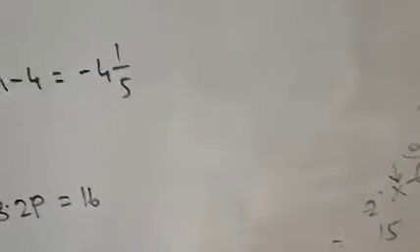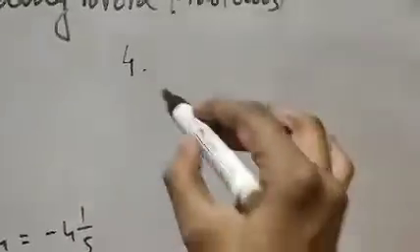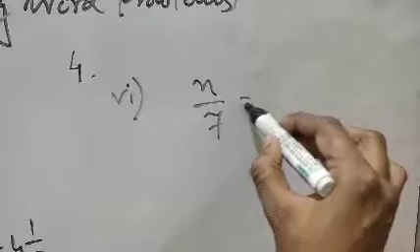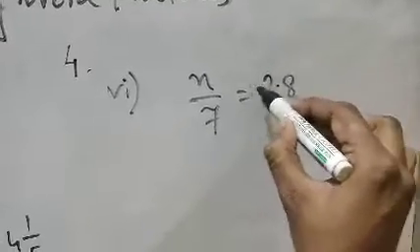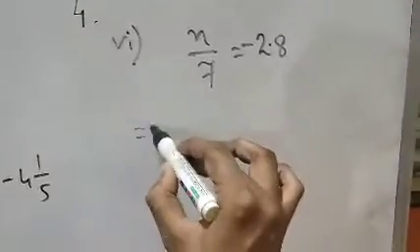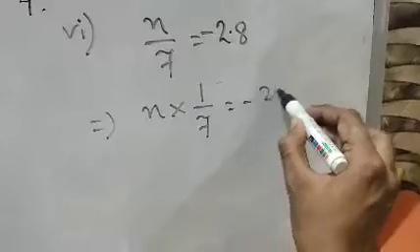Next question. Question number 6. Equation is n by 7 equal to minus 2.8. Approach is same. You can write n by 7 as n into 1 by 7.